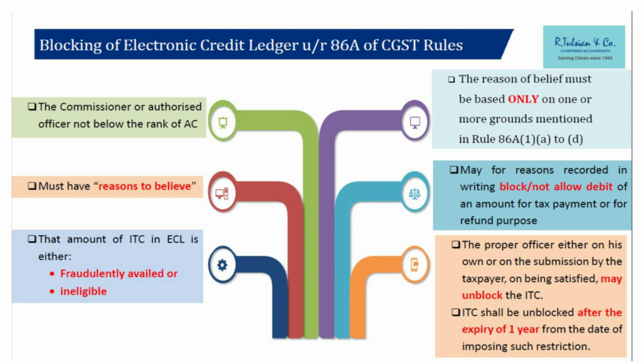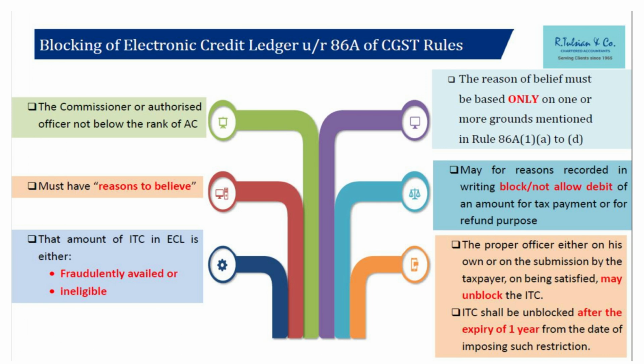So this is a very, very sensitive thing, but it has been used in a many draconian way in many ways. So the commissioner or authorized officer not below the rank of AC, if he has reasons to believe that in the ITC ledger, I have 50,000, 50 lakh, 5 crore, 50 crore rupees of balance, which has come out of certain fraudulent activities. What are the fraudulent activities or reasons to believe under this ground? 86A, Rule 86A, Sub Rule 1, Clause A to D, which we are going to see in the next slide. Let us continue here.